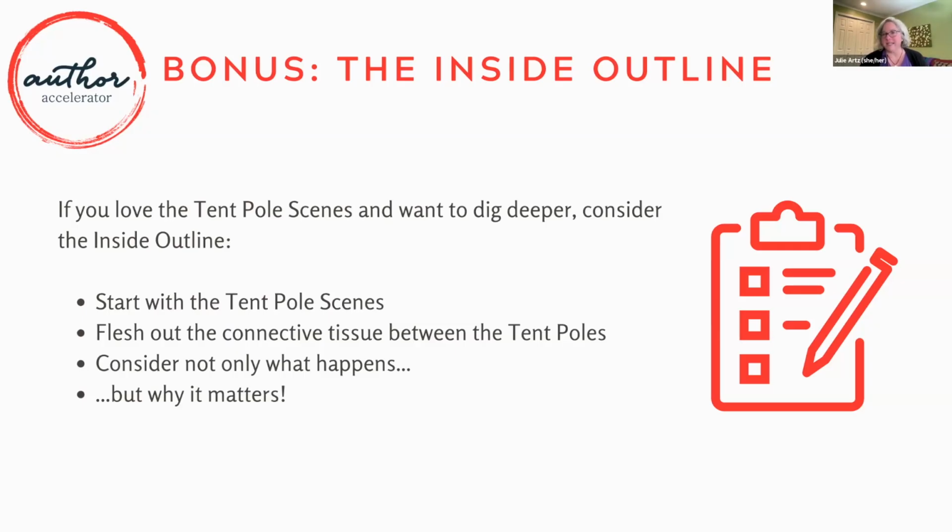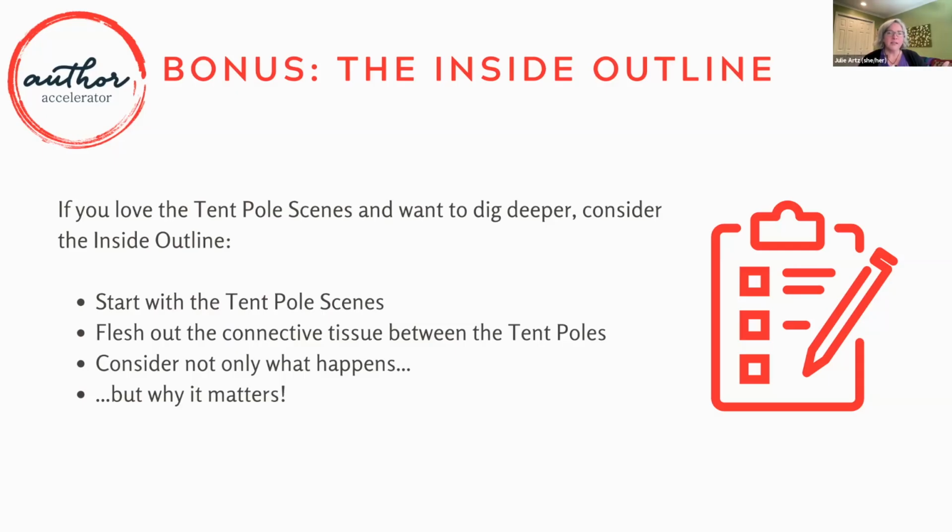There are all these things you can download online, plot grids and plot maps and beat sheets and that sort of thing. They can be helpful, and many of these tools have their place in your writing practice. But if you do the external without the internal, you're going to miss the chance to have the story scaffolding really working together to prop up your story.